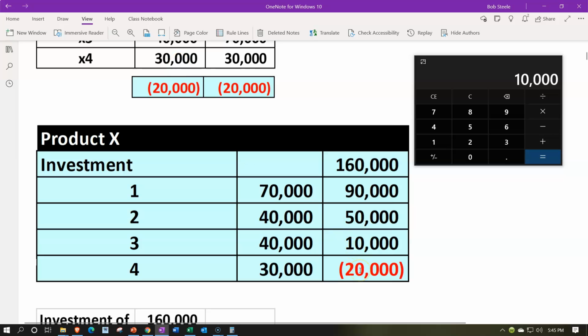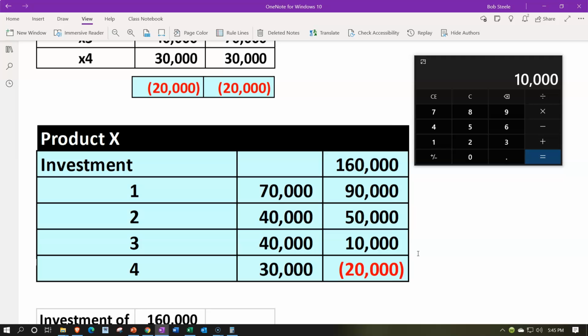That's our $20,000 profit. Our focus isn't on the $20,000 profit for the payback period specifically. Our focus is that we got paid back our $160,000 investment, not including time value of money, sometime between year 2, 3, and 4.